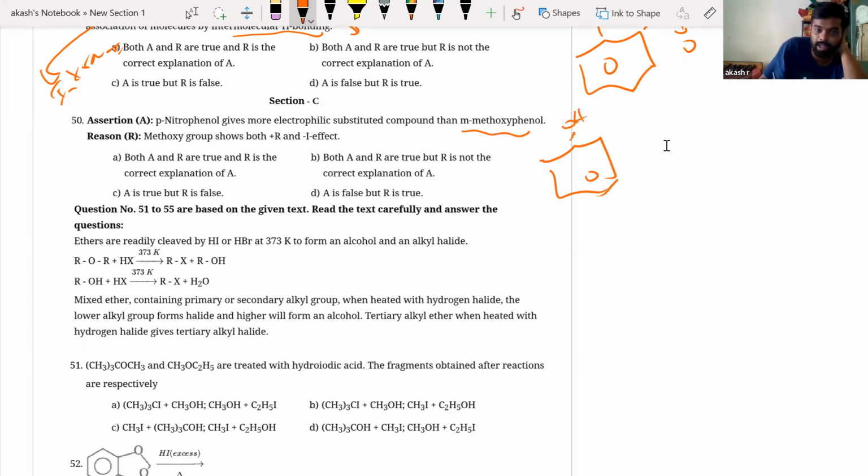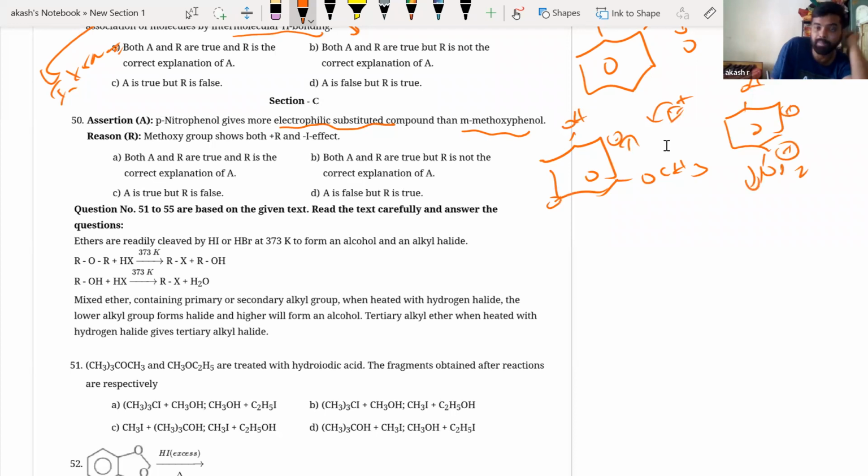I have OH, and if I have OCH3 here, and you have OH and NO2 here. Now, please understand, we have to undergo electrophilic substitution. That means there should be large electron density. The high electron density should be there in the benzene ring. Only then the electrophile will come and attack. Now NO2 is an electron withdrawing group, so definitely it will decrease electron density, so that positive charges are going to come in the benzene ring. That's not going to be the case.